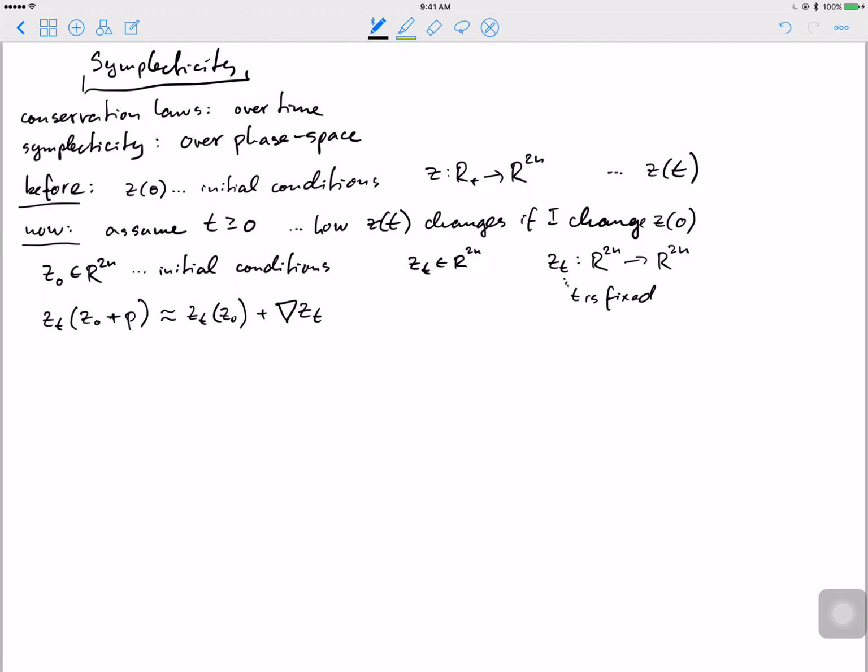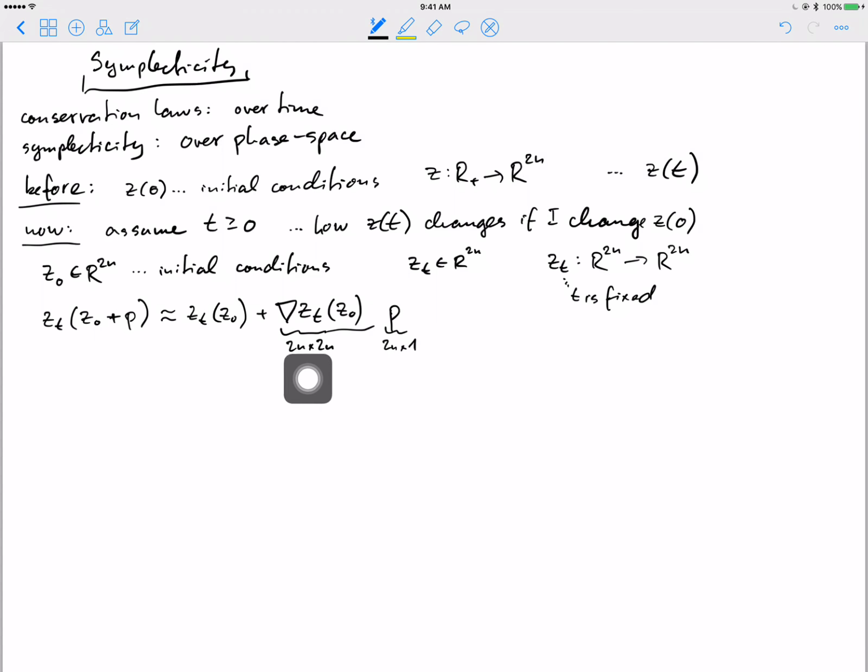Most importantly, that's a 2n by 2n dimensional matrix, which also depends on the z0, okay? I usually will not always write the z0 there. We'll just understand it depends on the state where it's evaluated, and it's multiplied with the perturbation vector. This is the 2n by 1 perturbation vector.